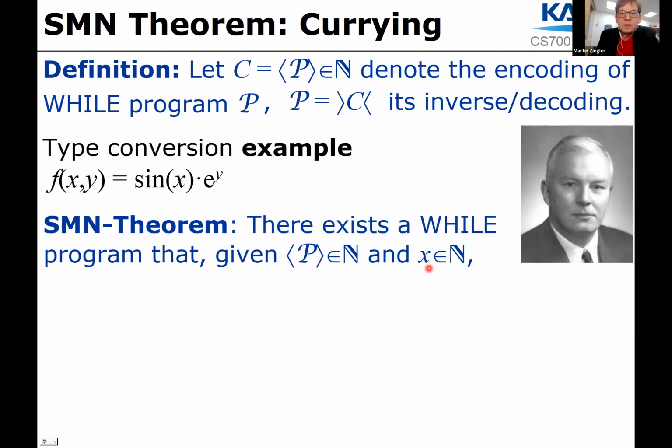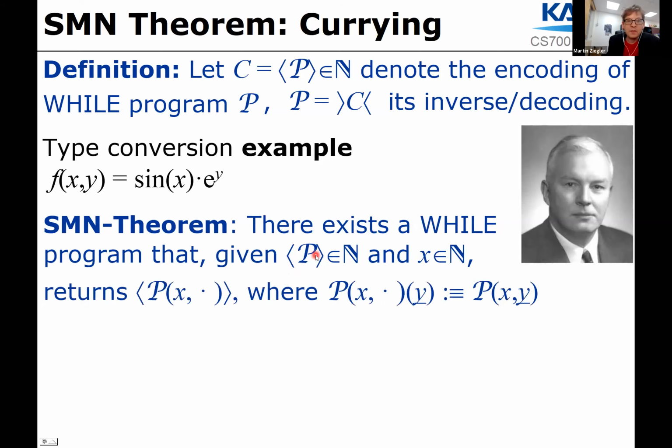The goal is to convert this program with two arguments into a program that only accepts y as argument, and fixes x to this given value, basically by hard coding the argument x as a constant into this program. This is the intuition, the proof sketch.